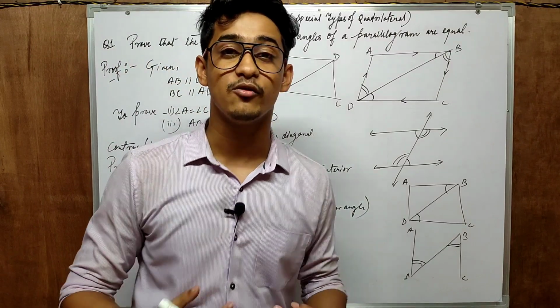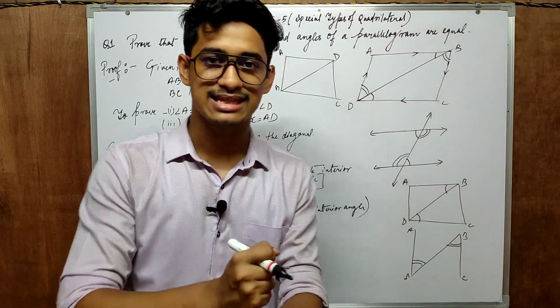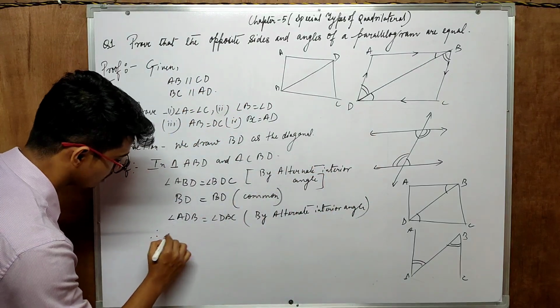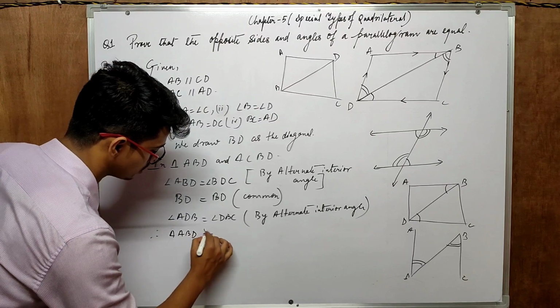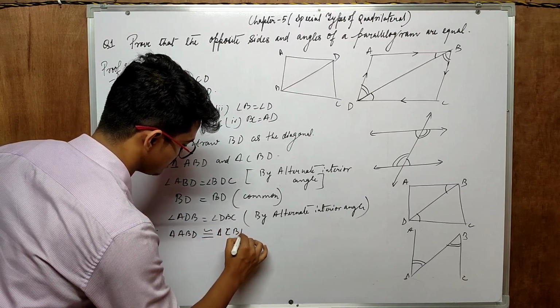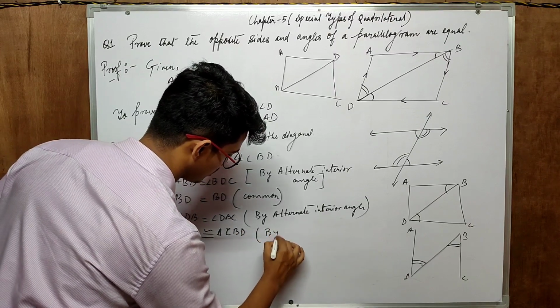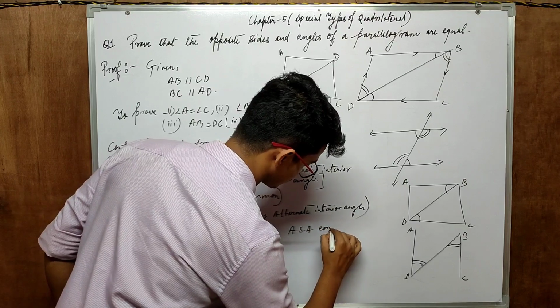So that means it is coming under which criteria of congruency? ASA. So therefore triangle ABD is congruent to triangle CDB by angle side angle congruency.